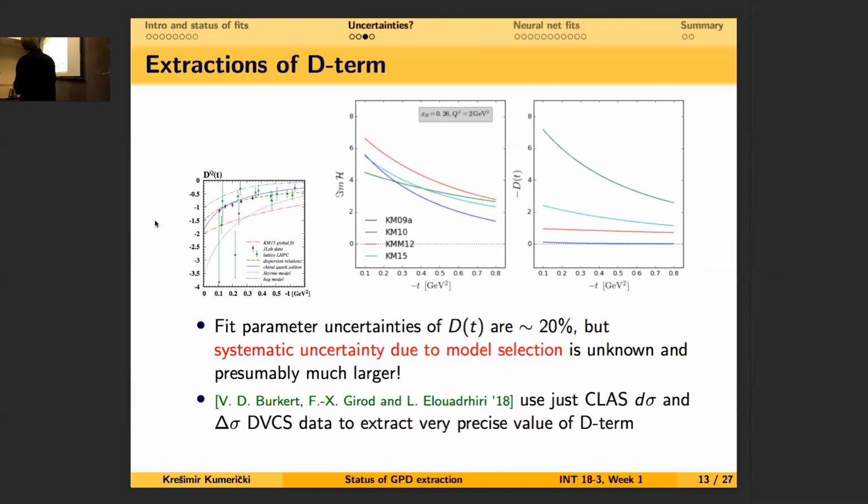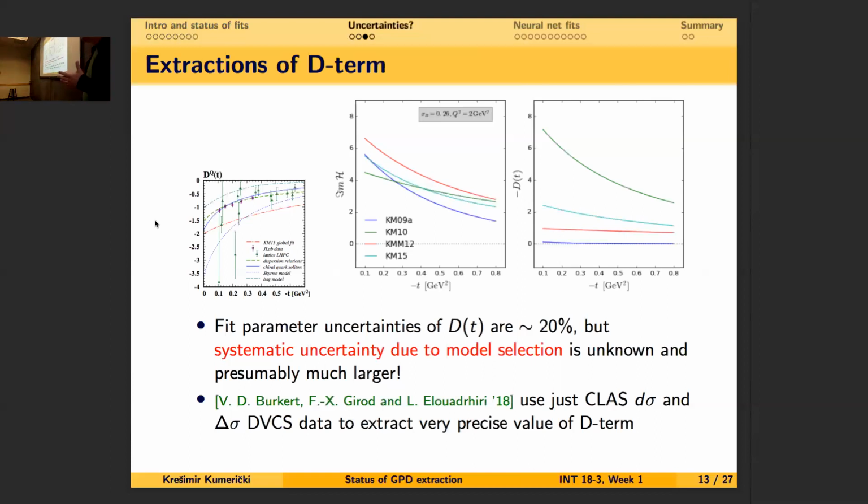And then you can compare this to this very interesting, very famous new work by Volker, François Gillot, and Latifa. They used just CLAS data on cross-section and cross-section difference to extract the D term very precisely. You see these really smallest error bars here. They should be multiplied by maybe 1.5 because systematics are not so statistical, but they are still extremely precise.